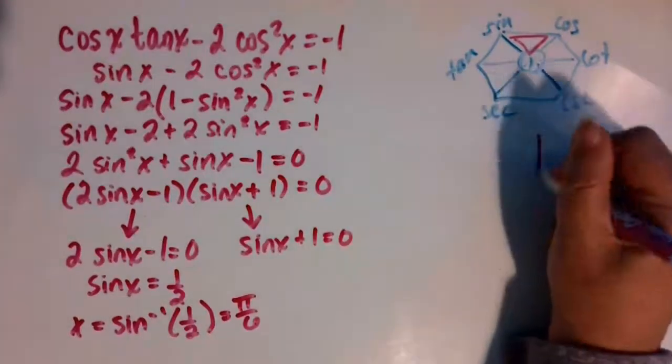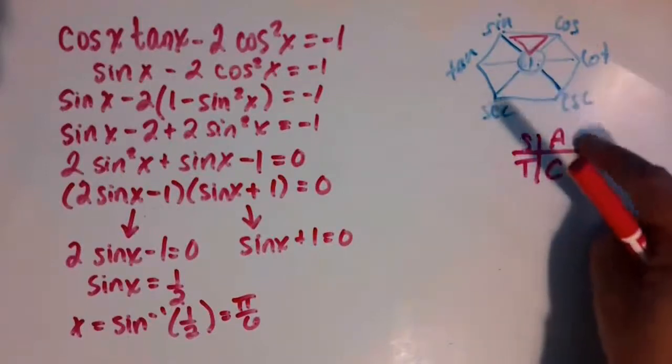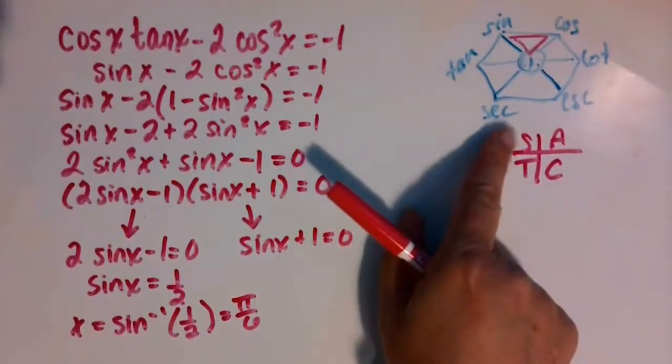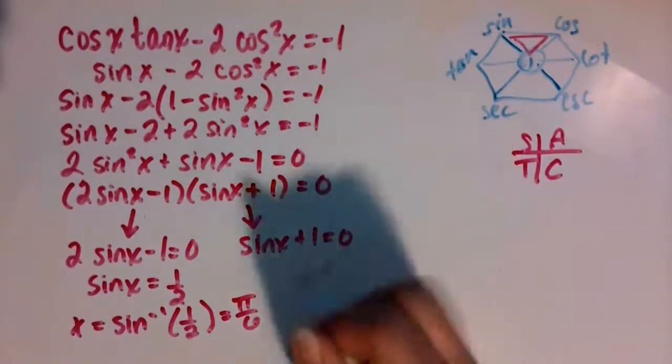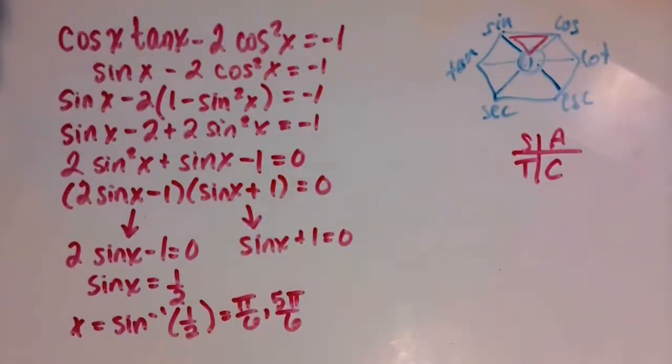Sine is also positive. All students take calculus. Sine is positive in quadrant 1, but also positive in quadrant 2. And so our second solution is 5 pi over 6 in quadrant 2.